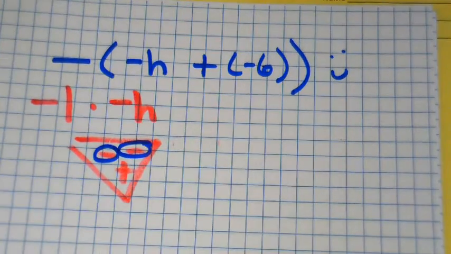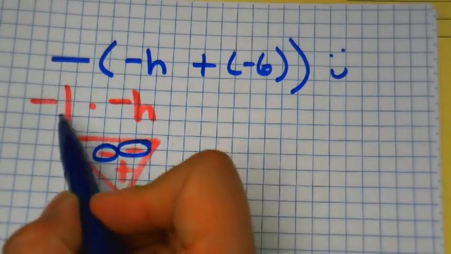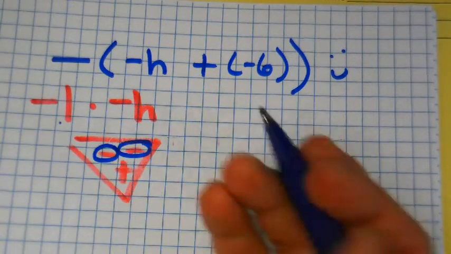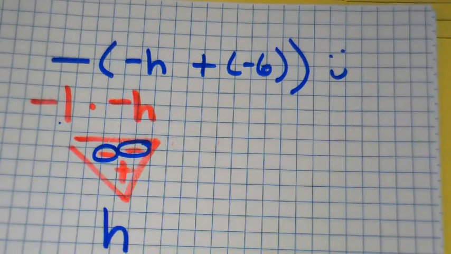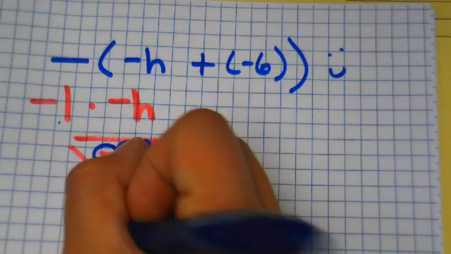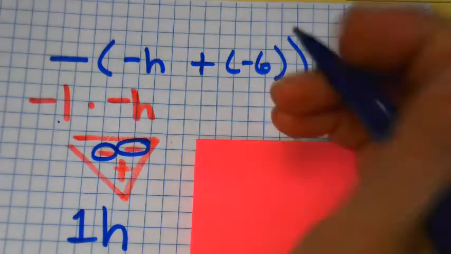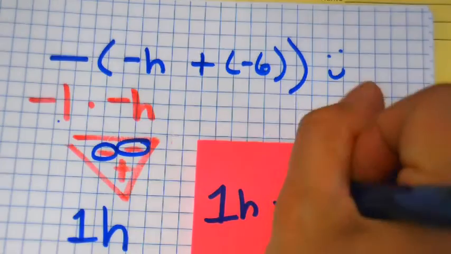So what kind of answer am I going to have? Positive. So what's 1 times H? H. So 1H is equal to just H.